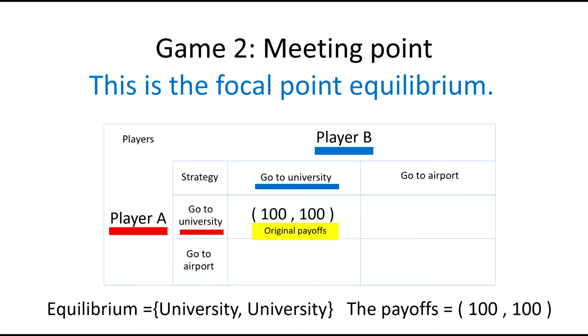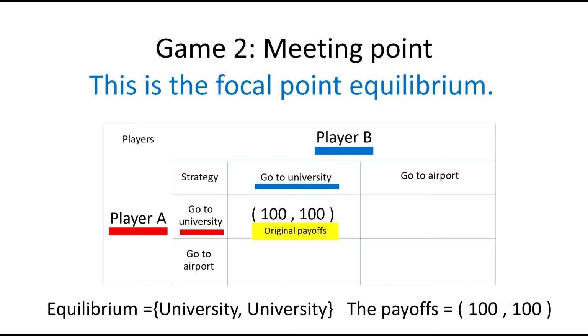So you see, when player A decides to go to university and player B also decides to go to university, they meet each other in the end, and we recall the original payoffs of 100 and 100. A will get 100 and B will get 100 U-turns. And the equilibrium, the answer of this game, is in the bracket.